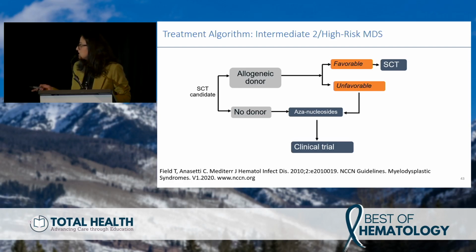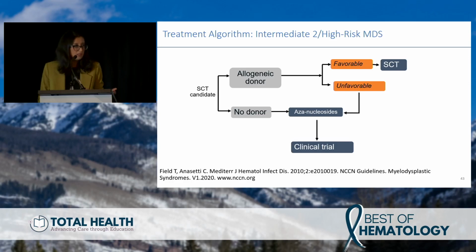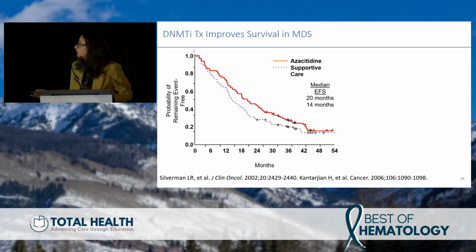And our hypomethylating agents are really the standard of care still for patients in the front line with high-risk MDS, and can be used as a bridge also to a stem cell transplant. And for patients that are not really candidates for stem cell transplant, we would offer them clinical trials, and there's definitely a lot of activity in this space as well.